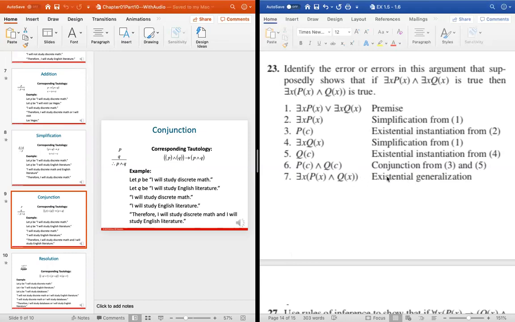And then they are using existential generalization to get this, which is good. So we find that there is one problem when they use simplification to get this hypothesis, and the other is when they use simplification to get this as well. Okay.